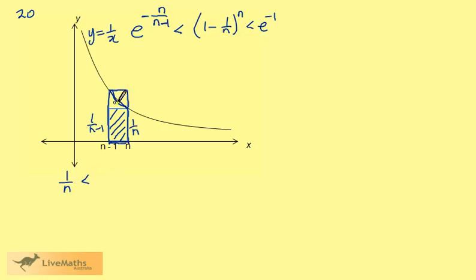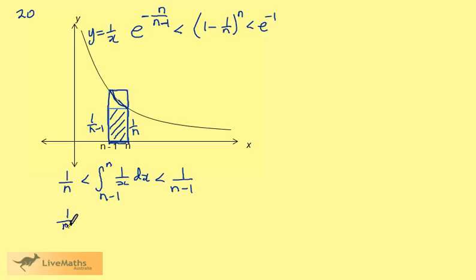That must be less than the area under the curve, which is the integral from n minus 1 to n of 1 over x dx, and that would be less than the area of the large rectangle, which is 1 over n minus 1.